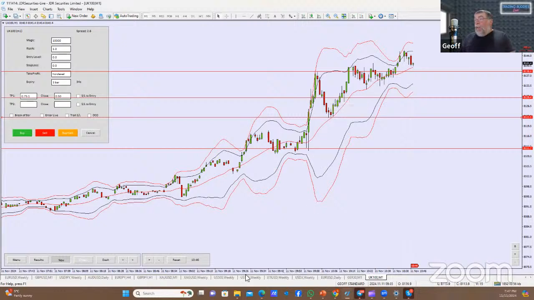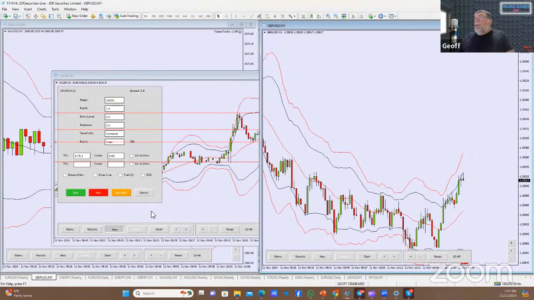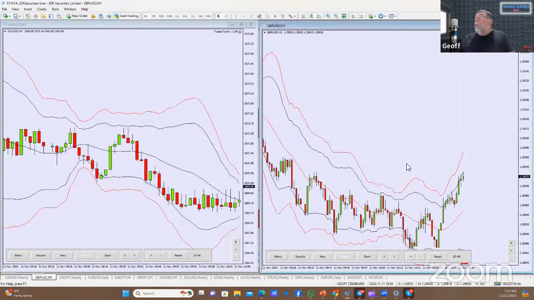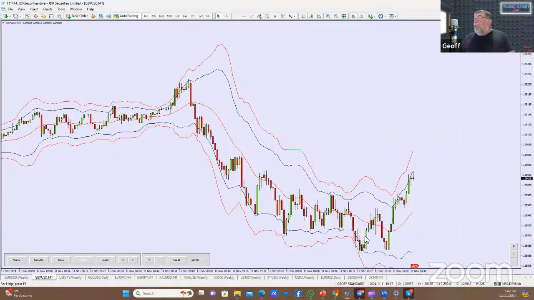On the pound, something else came up that I need to explain to you guys. So on the pound, I'll just expand that chart. There we go. Here, interesting, because we did touch the 3. We didn't close anywhere near it.